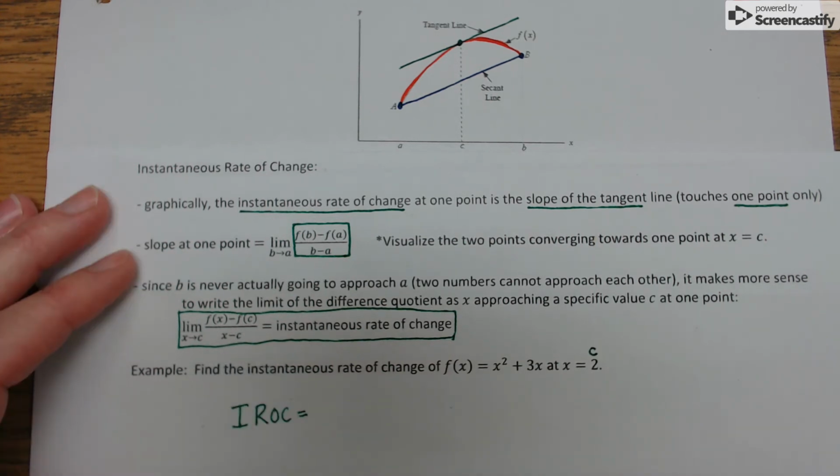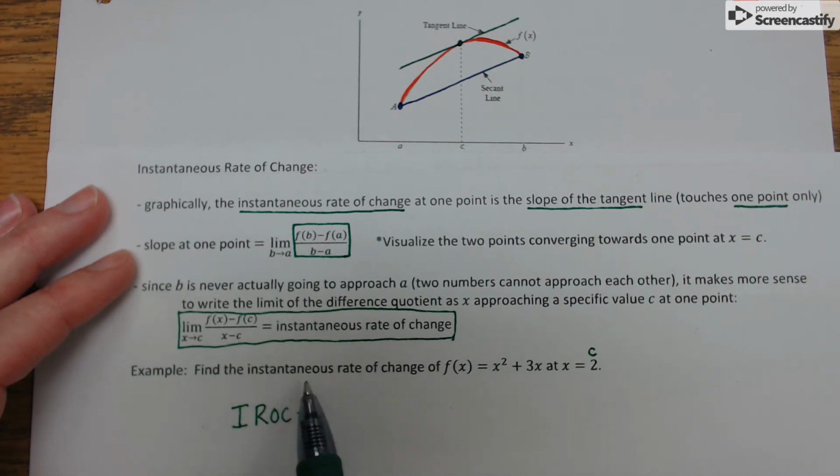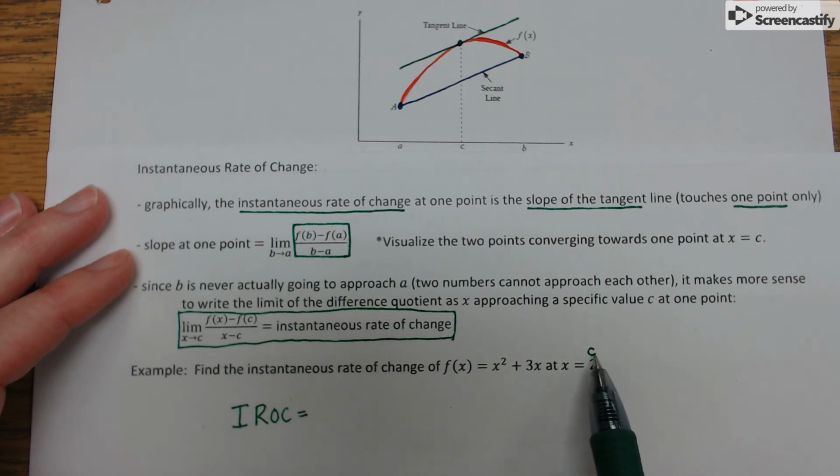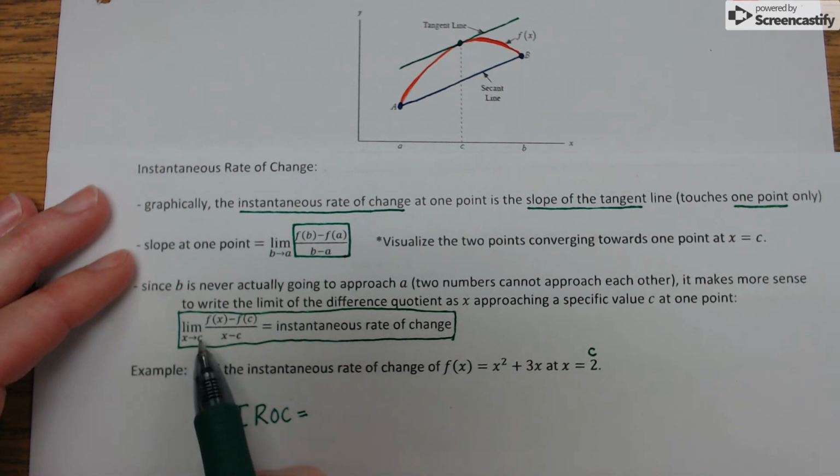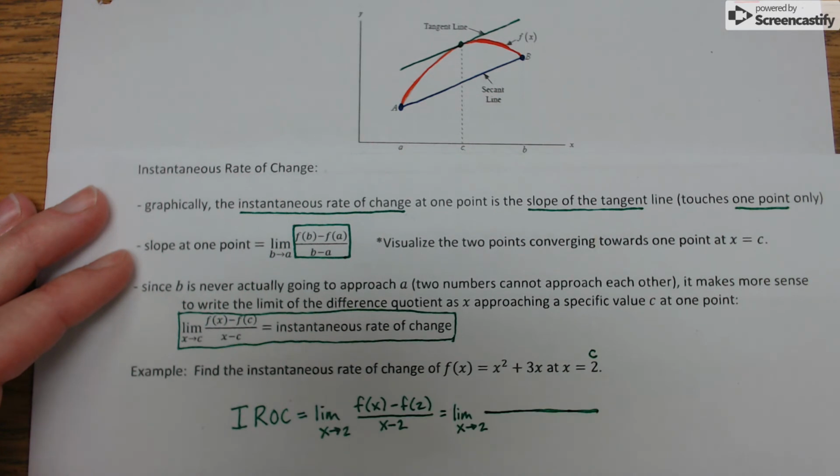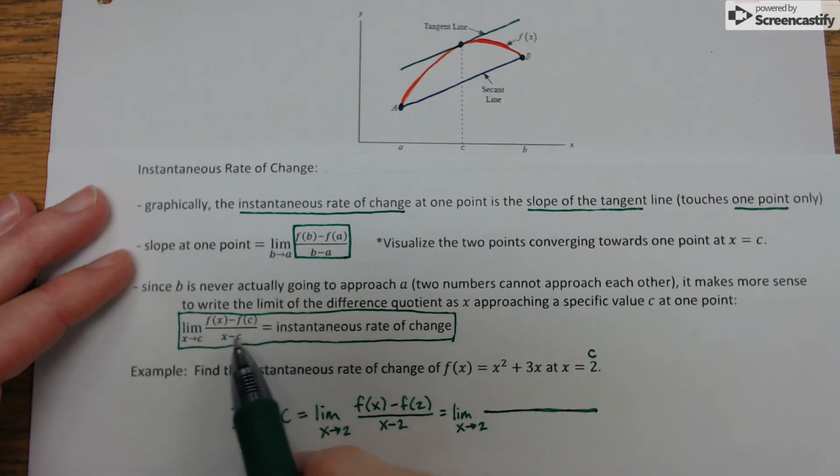So let's try using that formula for the first time in this example. We're finding the instantaneous rate of change of the function x squared plus 3x at x equals 2. That 2 is the value of c that you're going to see substituted into our formula. So let's get started. All I've done so far is what we just talked about, and that is to substitute 2 for all the c's in our formula.